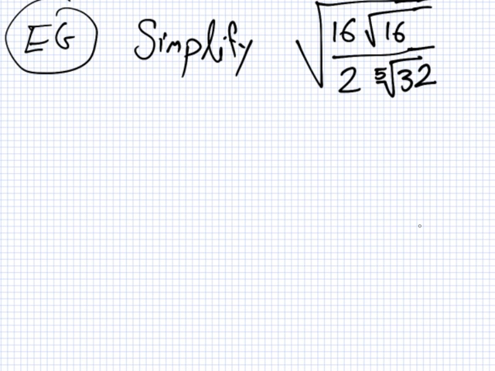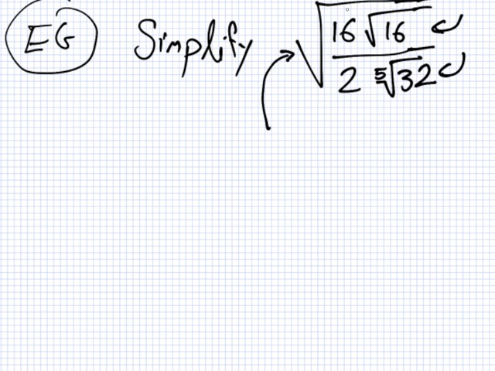Because the order you can use the rules in is your choice. For example, maybe you want to do something with these roots first, or maybe you want to look at this root first, or maybe you want to look at this first. You have many choices to start.